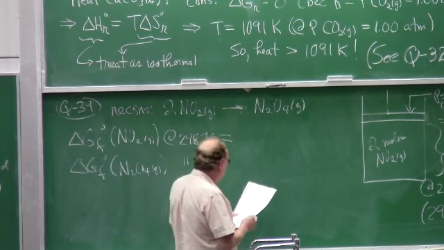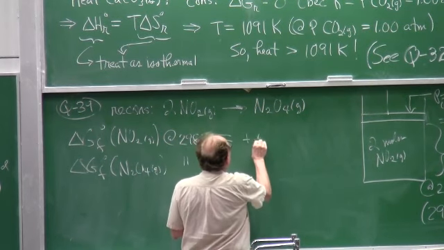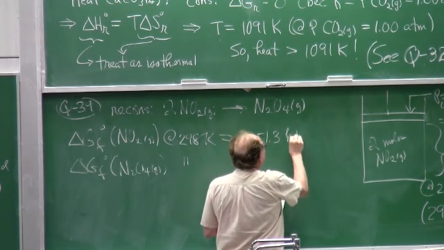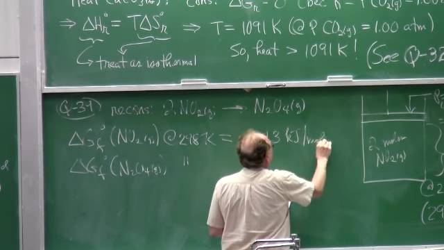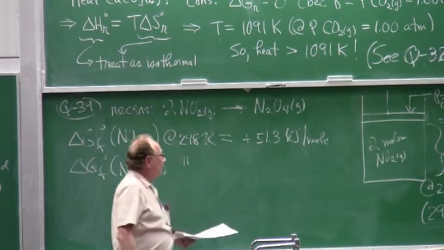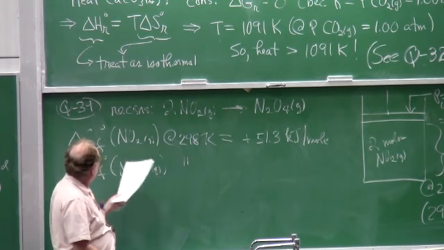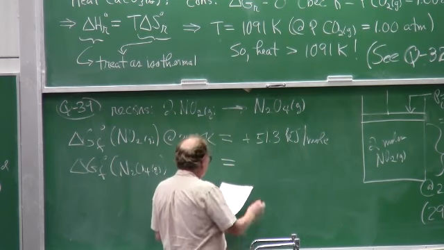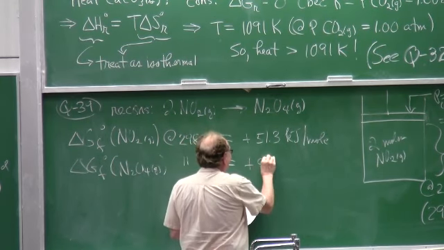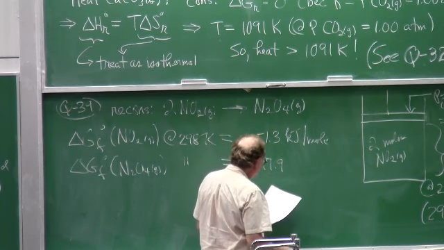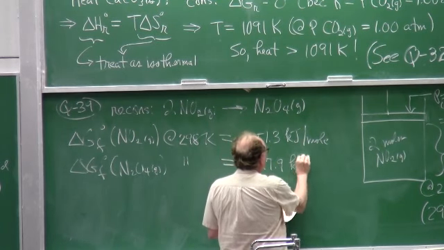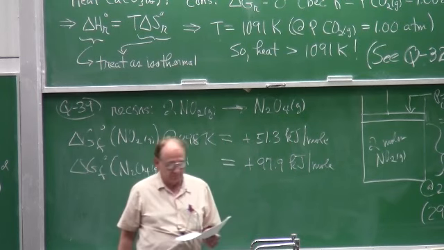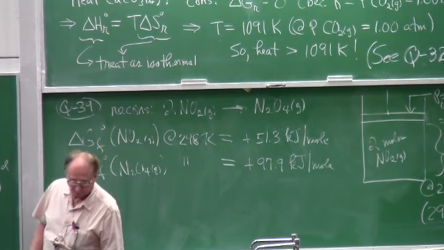You know about Table 1. Plus 51.3 kilojoules per mole for NO2, and plus 97.9 kilojoules per mole for N2O4.